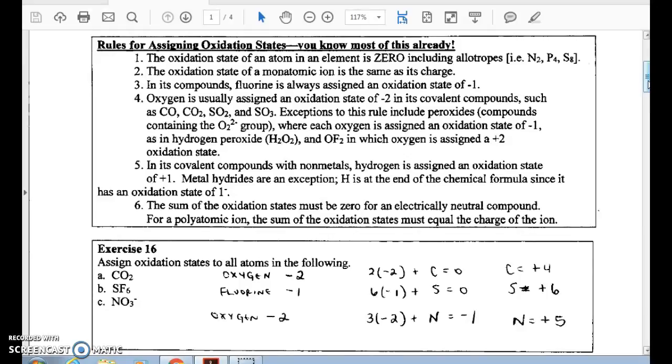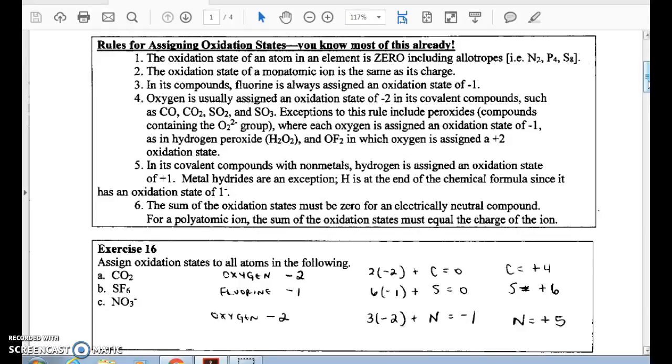There's a set of rules listed here in the notes, and I'm really just going to go straight to the exercise to determine the oxidation states in the compounds. You'll notice that in exercise 16, all three of those examples are covalently bonded. They are two nonmetals.